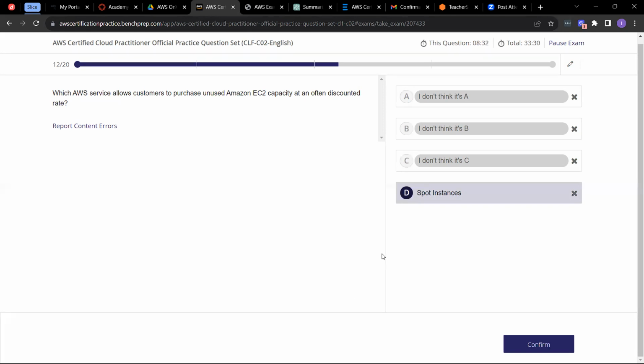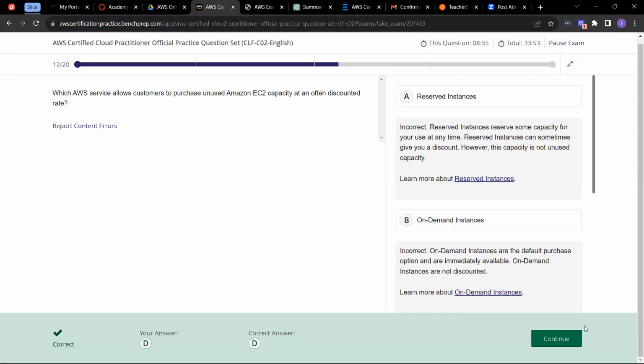You use these for things that can withstand interruptions, so even if you lose the EC2 instance, you don't lose your work or your data. Whenever the EC2 instance is back up, you are able to get access to it as well.